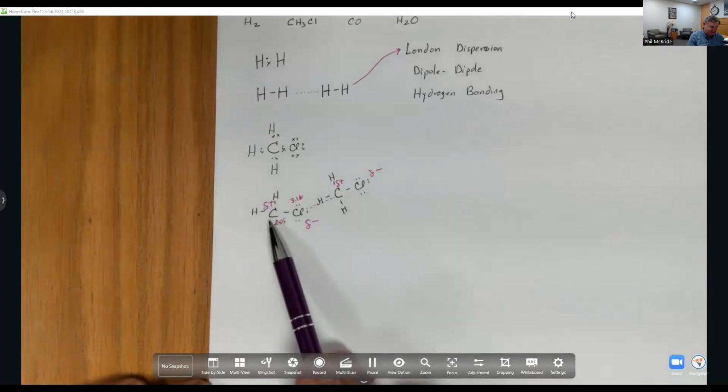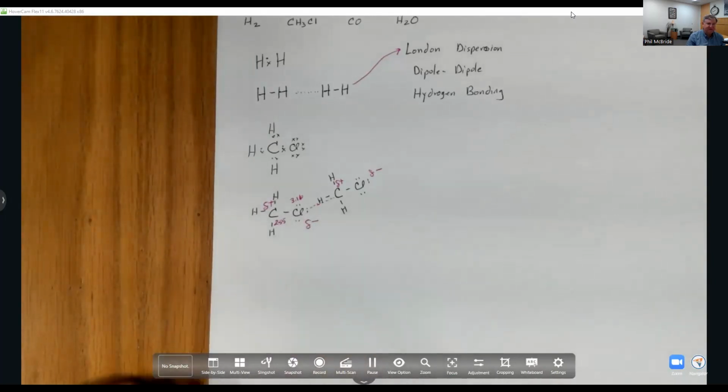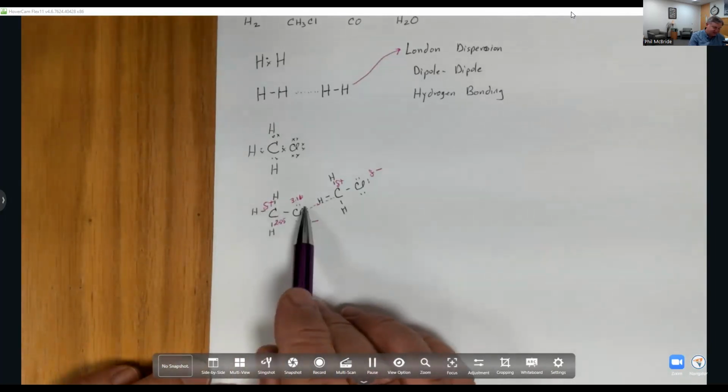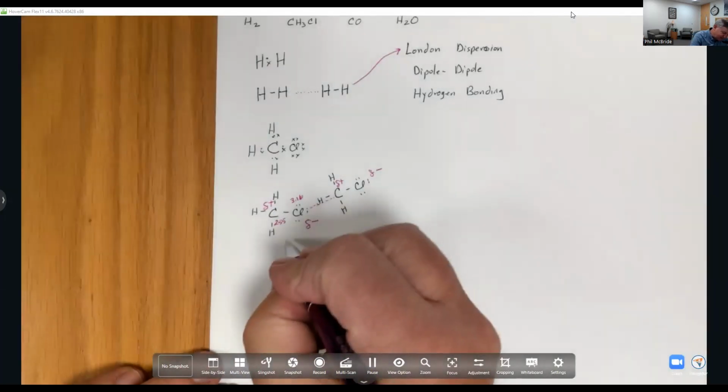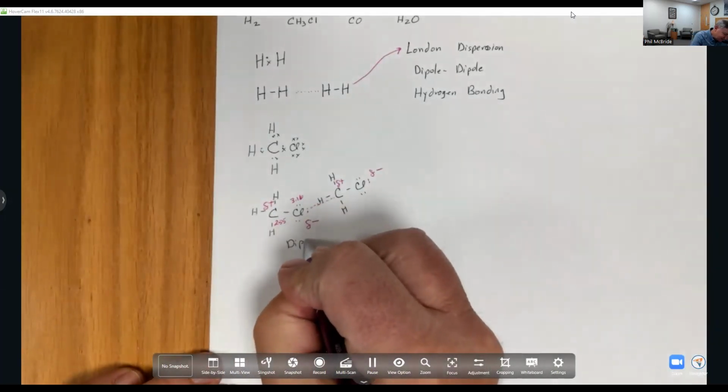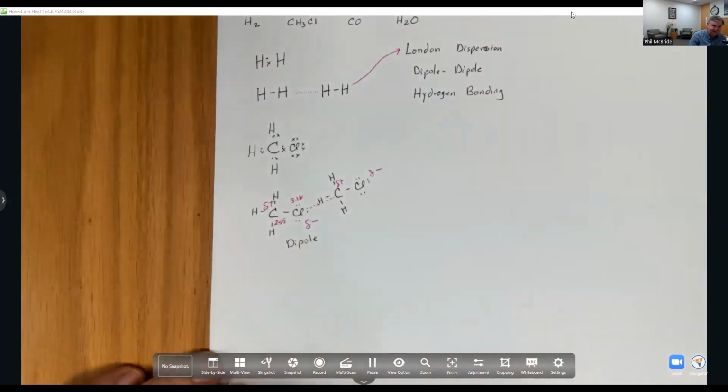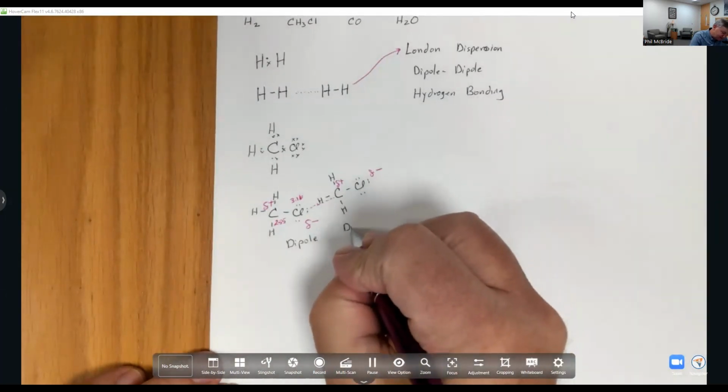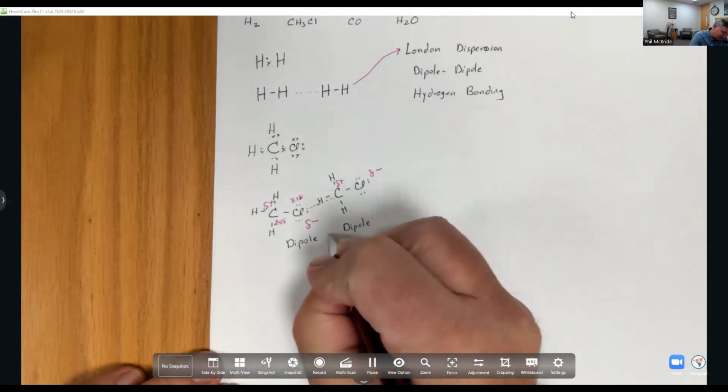Is there a dipole on this molecule between the carbon and the chlorine? Yes. All right, because carbon's positive, chlorine's negative, so this one has a dipole. And same molecule, so this one must also have a dipole.